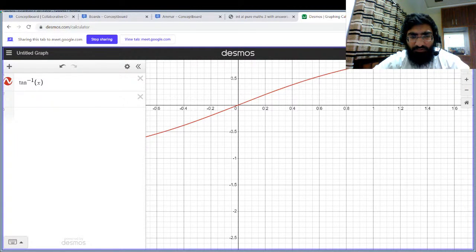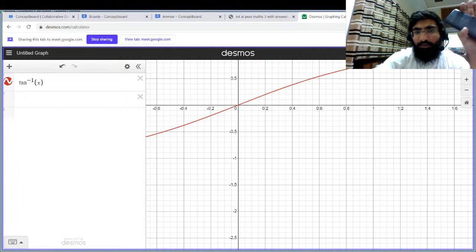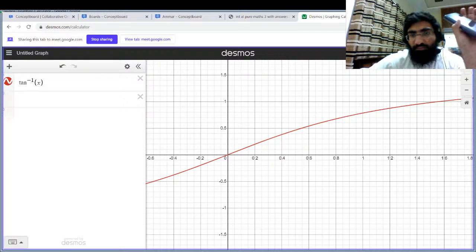So tan inverse, the asymptote would be pi by 2, because at 90 degrees it becomes asymptote, right? What is pi by 2? 1.57.